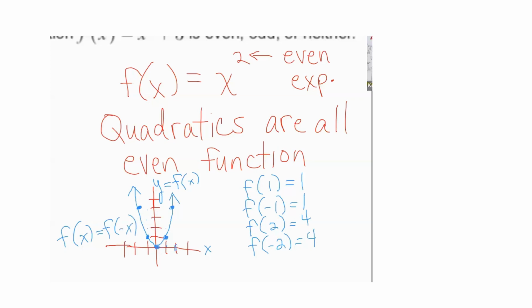If you called one x, this is positive x and negative x, but they have the same answer. So that's the same as that, and that's the same as that. Let's take that information and see if we can use it to see what they're asking on this.